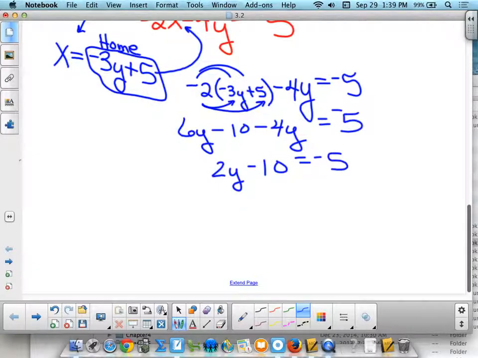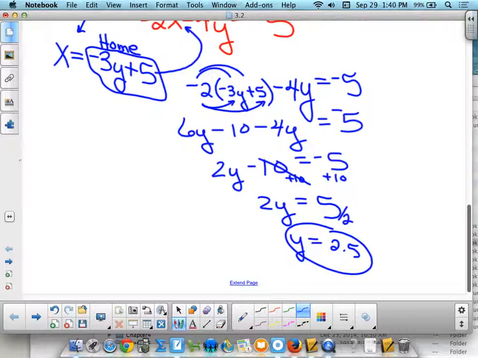Plus 10. Then divide by 2, please. What's 5 divided by 2? 2.5. I have the y. It's 2.5. Now go home. That's the last thing you'll do. Put it in right there.